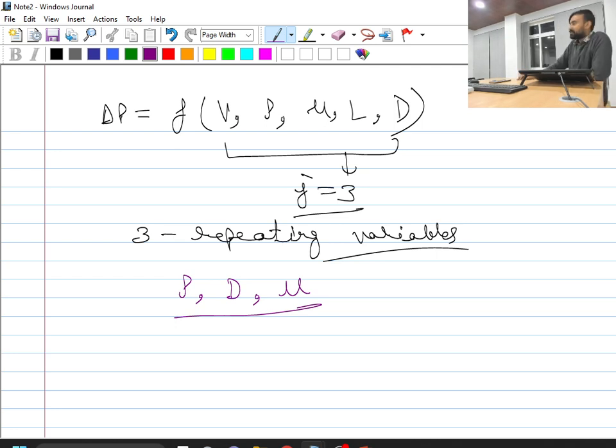What will be my dimensionless groups? Pi 1 will be the first dimensionless group, equal to rho to the power A, D to the power B, mu to the power C, times, say, delta P. First parameter, let's consider delta P. Now you tell me, what will be the final value for pi 1?